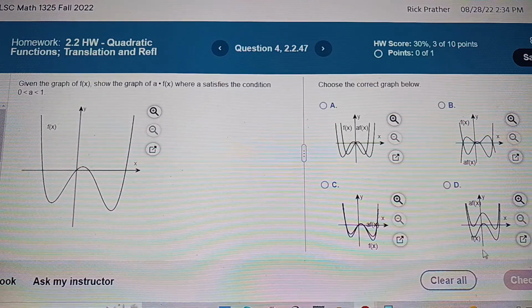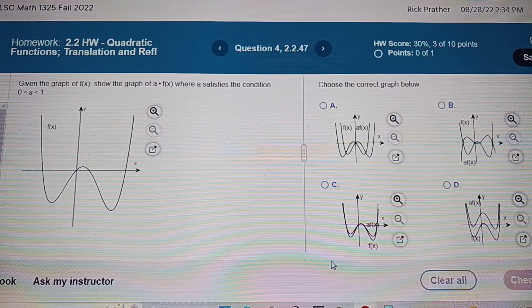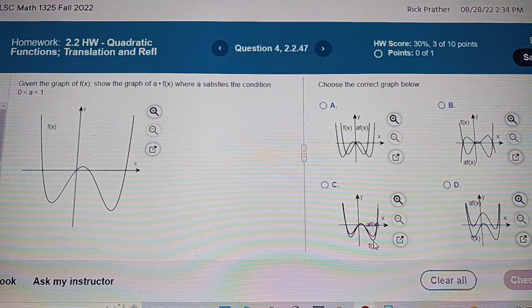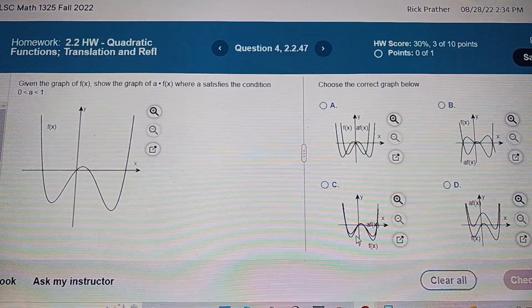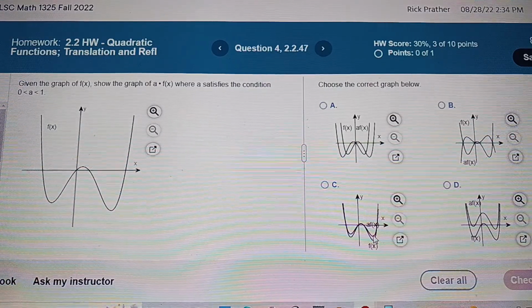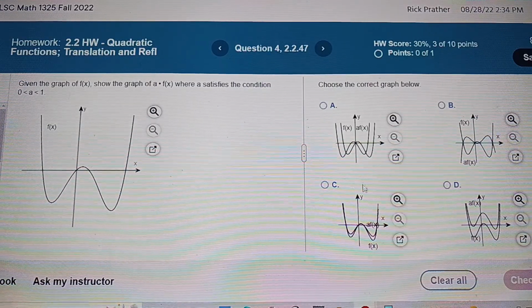So it's definitely not B or D. Any y value would get cut closer down to the x-axis. So say this spot right here at the bottom of f of x, say that's like -4. Well, if A was a half, then you would cut -4 in half, and it would be -2 where the new spot would be. So it's a vertical shrinking. It's getting in closer to the x-axis.